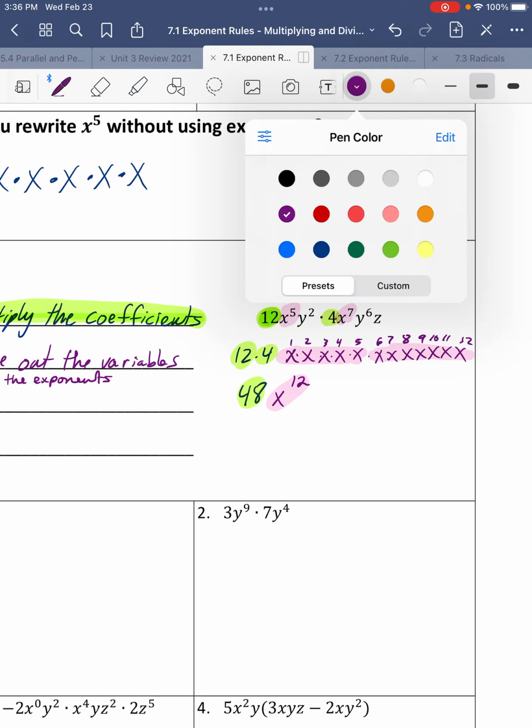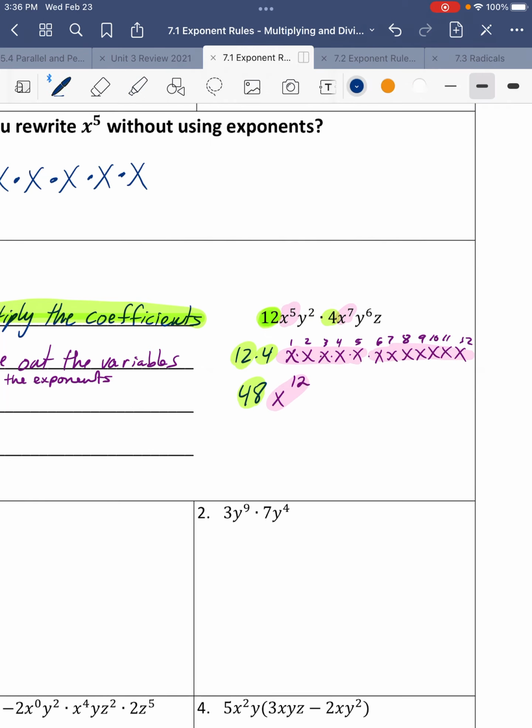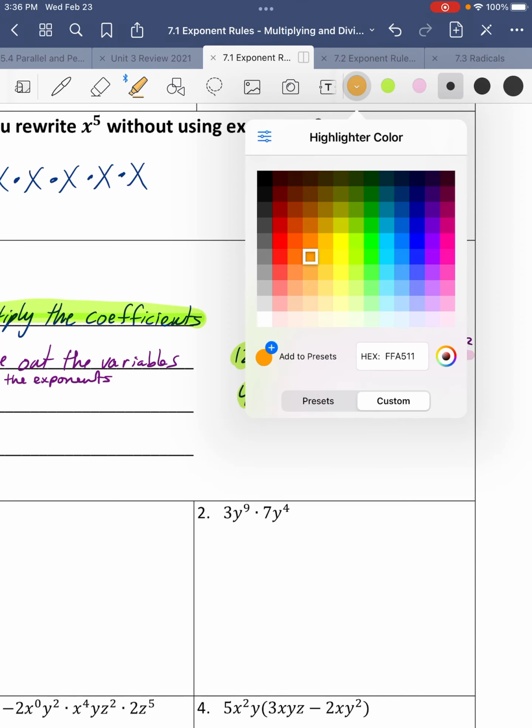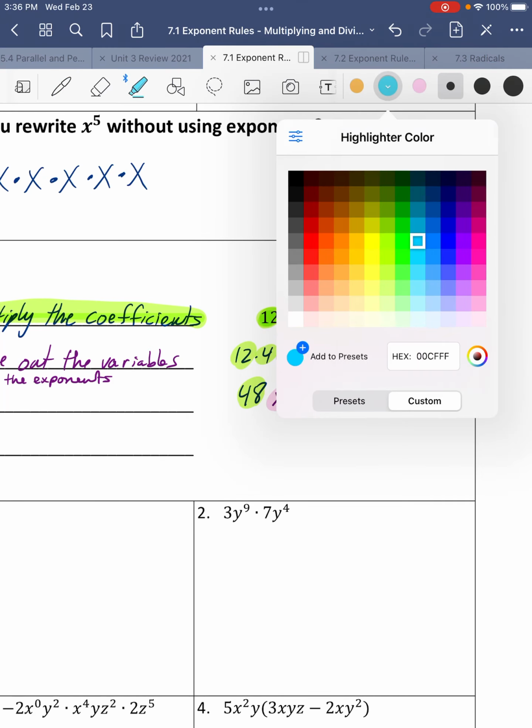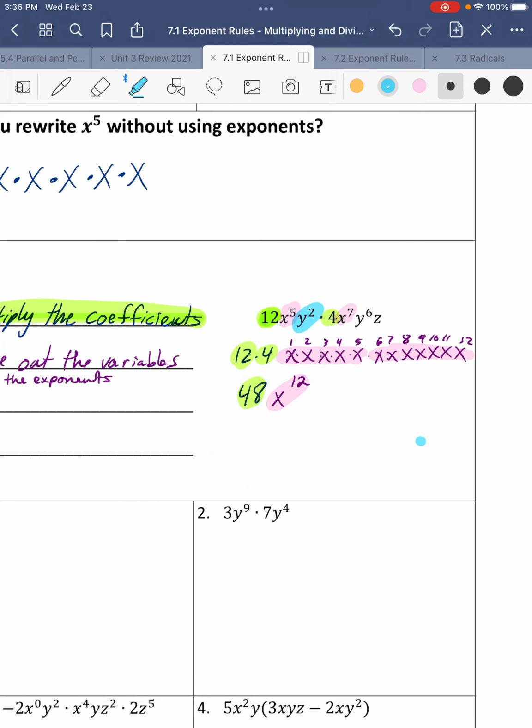What else do we have here? We have y's. So we have y squared. Well, y squared is y times y. And we have y to the sixth.